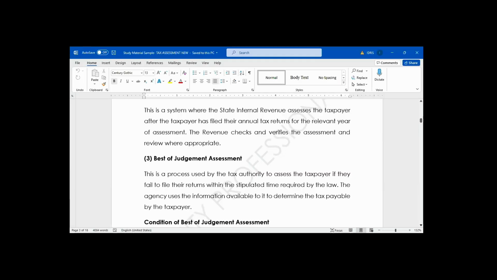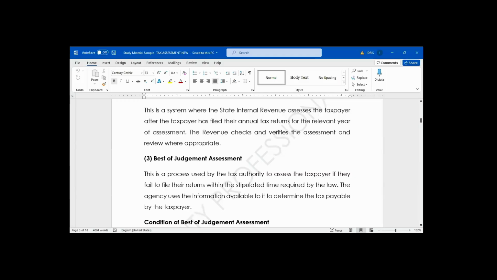So it is a process where the tax authority assesses the taxpayer if they fail to file a return within the stipulated time required by the law.